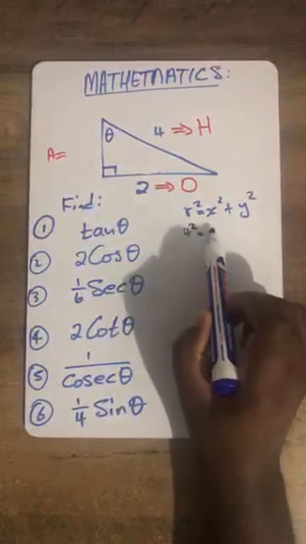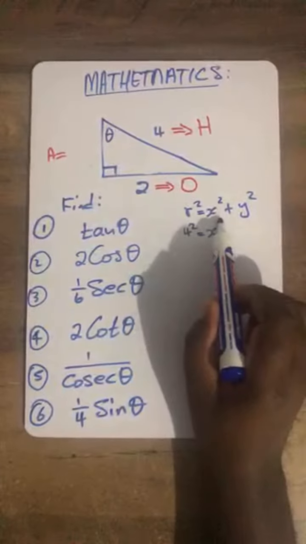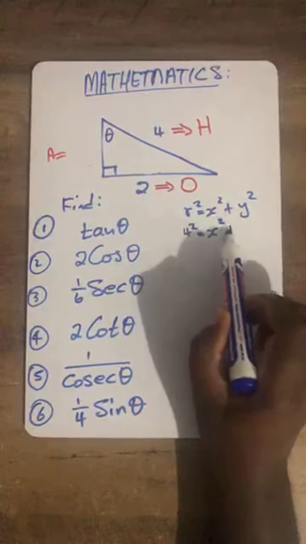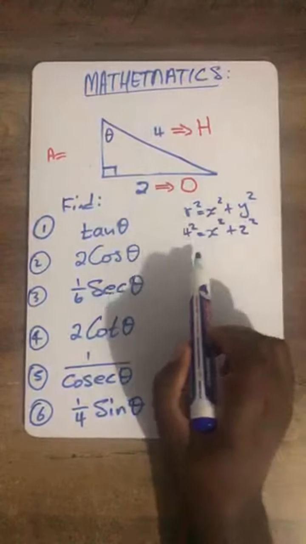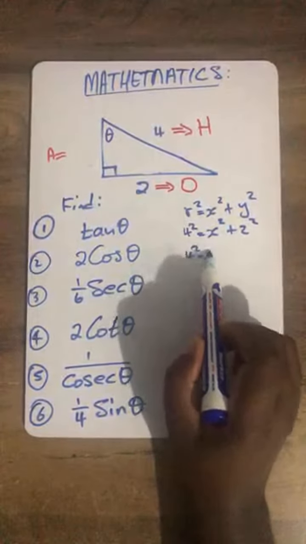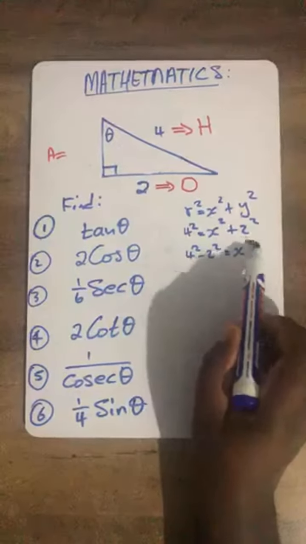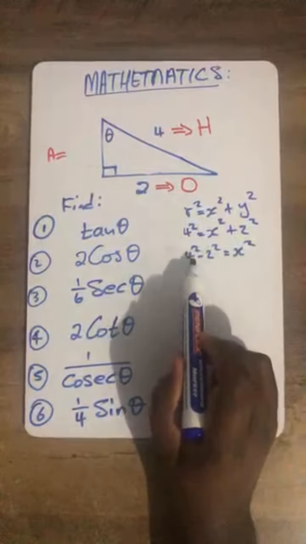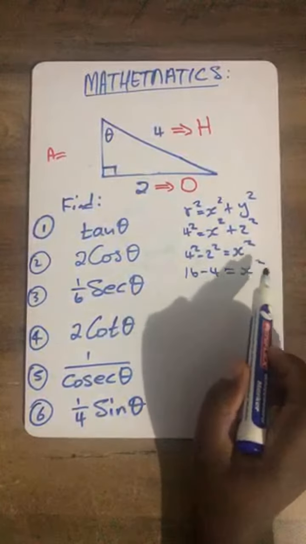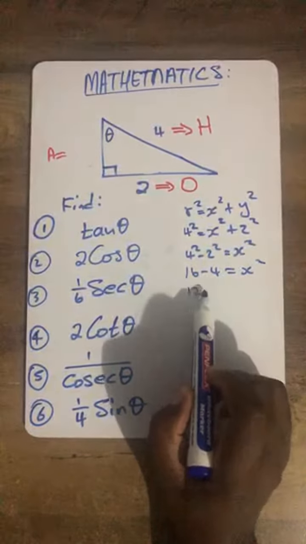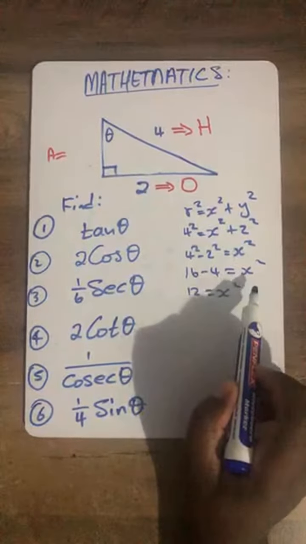This is 4 squared, which is equal to, you can say adjacent is x, plus our opposite, it is 2 squared. So it's like we are having 4 squared minus 2 squared, which is x squared. So what is 4 squared? That is 16 minus that, that is that. So what is 16 minus that? It seems to be 12.